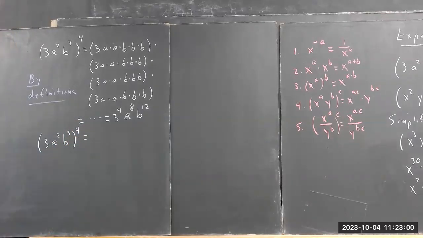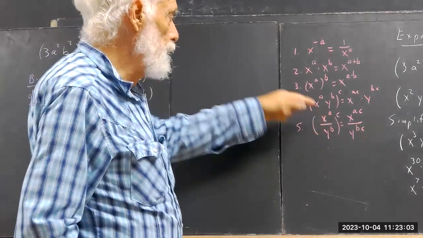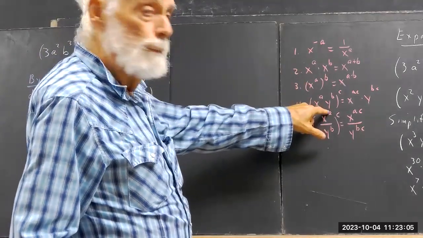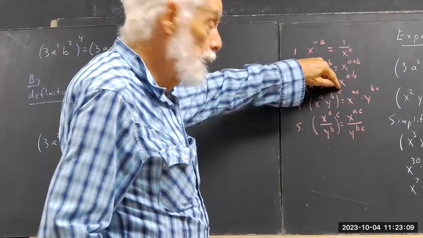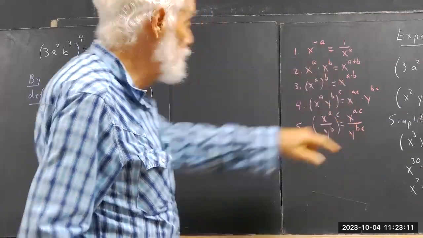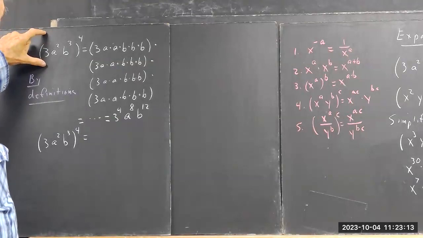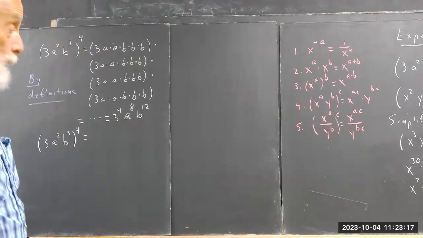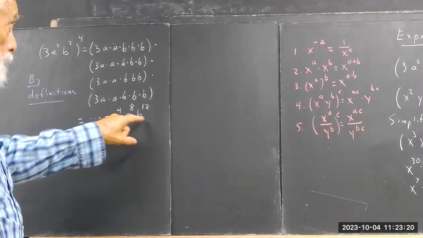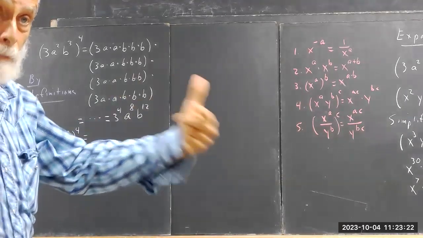Okay, and the rule is this one. Now I've only written it for 2 quantities, an x and a y, but we could have any number of quantities here raised to the c power. Just like we did here, we had 3 quantities that were raised to the 4th power. Here we got those 3 quantities raised to different powers.